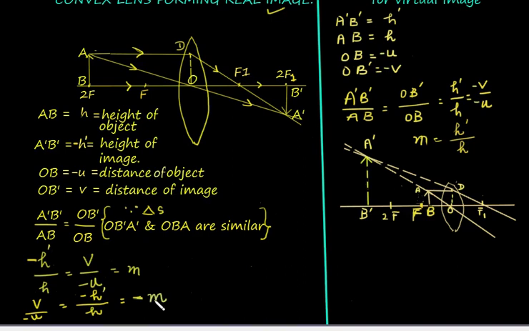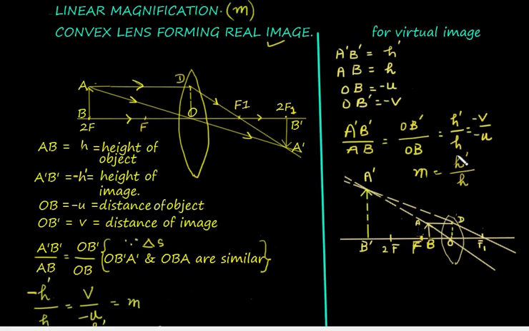Now let us see this for virtual image produced by convex lens at A dash B dash. The details given on the left hand side suits the details for diagram on right hand side also, with slight variation, that is sign conventions differ. A dash B dash is h dash, it is positive because the measurement is taken in the upward direction, and here AB is equal to h as in the other case. OB is negative u, that is distance of object.